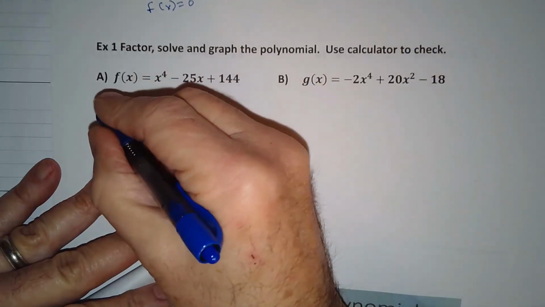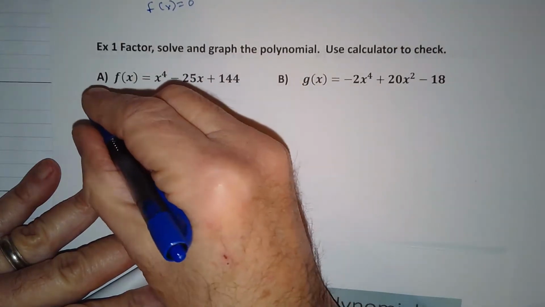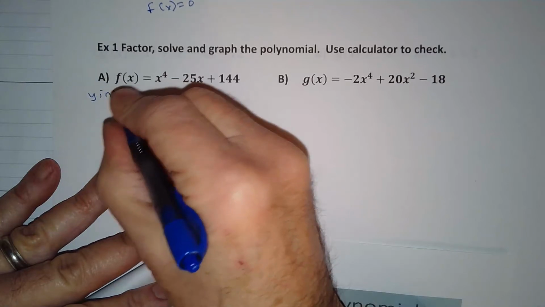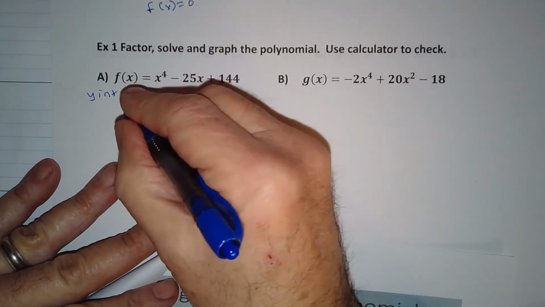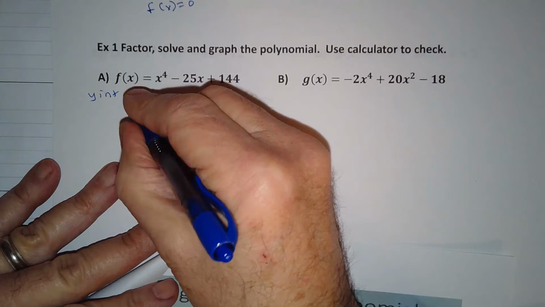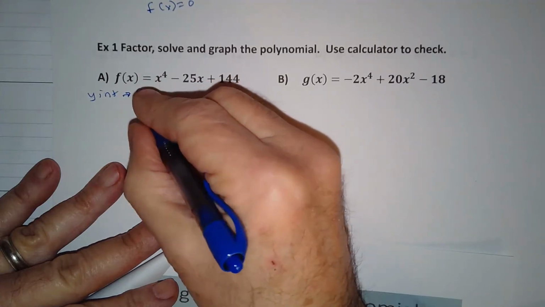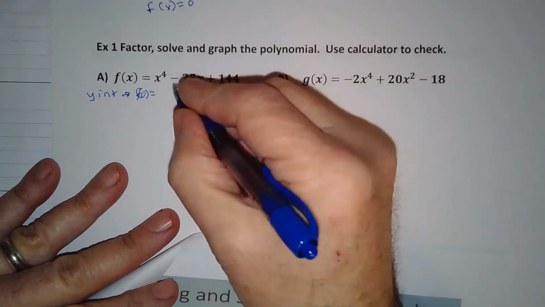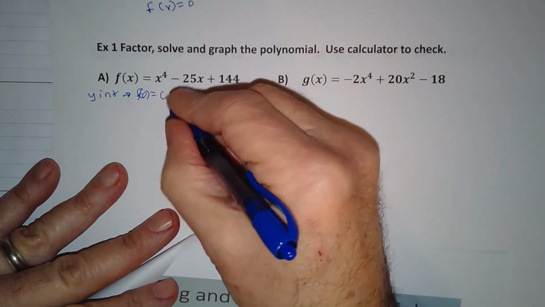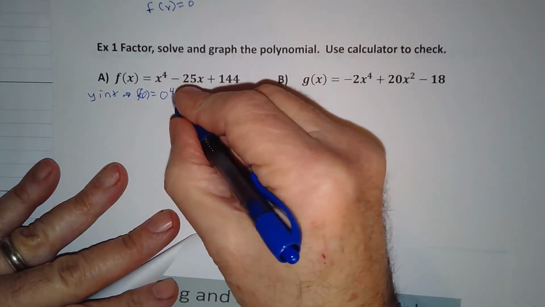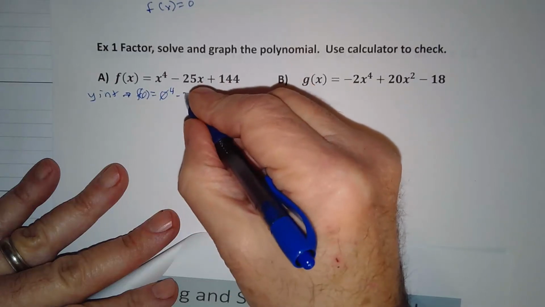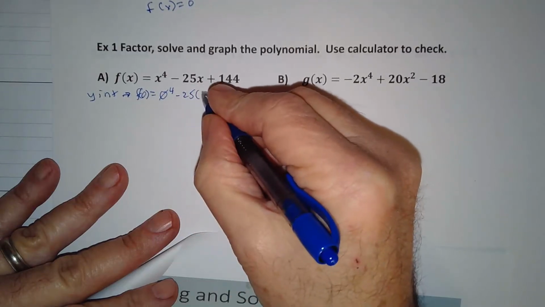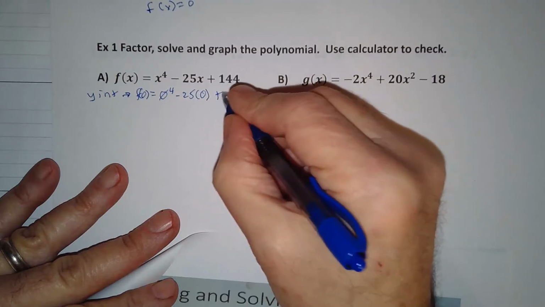And to find the y-intercept, we said that we would be looking at what y is when x is 0. So f of 0 would equal, well, x is going to be 0 now, 0 to the 4th minus 25 times 0 instead of x plus 144.